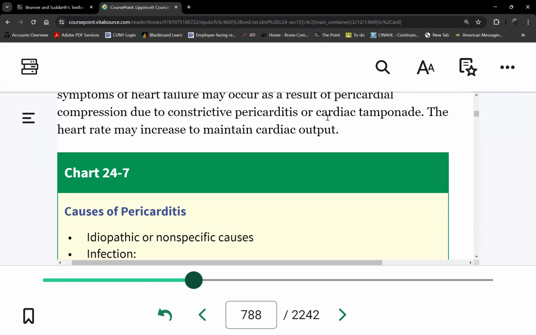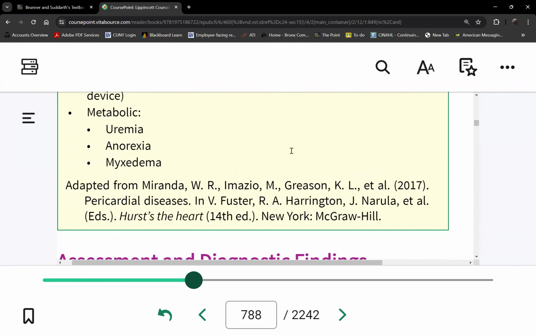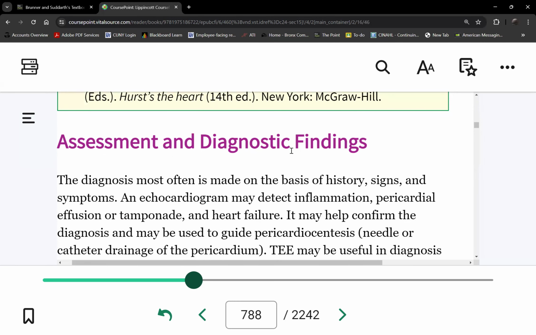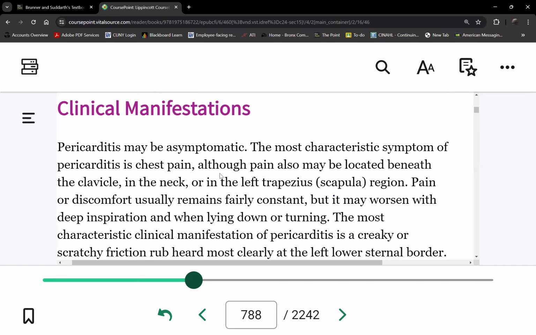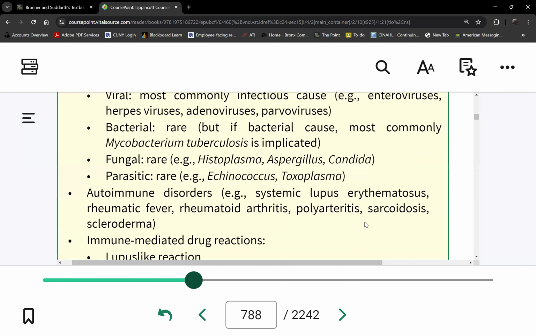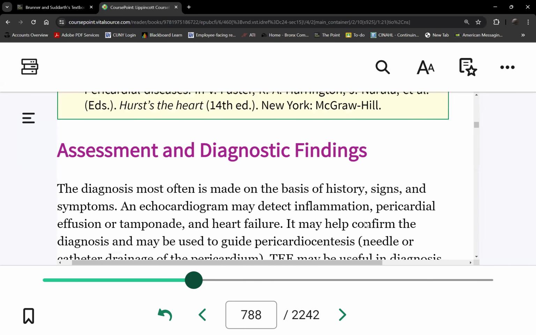Infectious, what else? Lupus, MI, and 2 weeks after an MI. Those are the most common, right? So in addition to those, for pericarditis itself, the manifestation is the chest pain, which I already described. Those are the patient's complaints, and the findings will be in the labs.